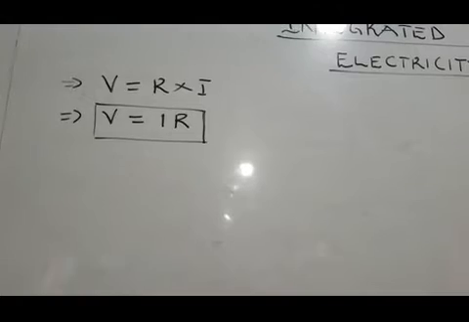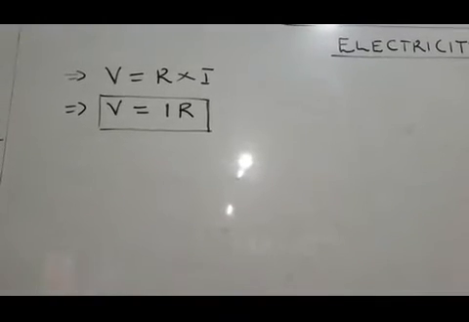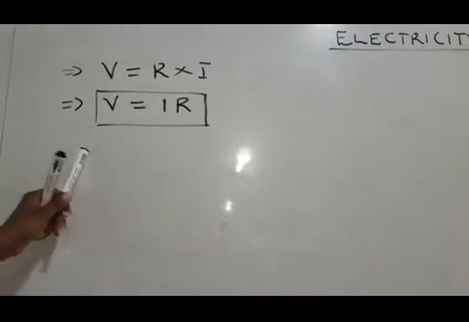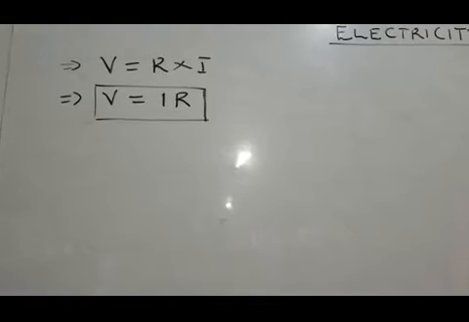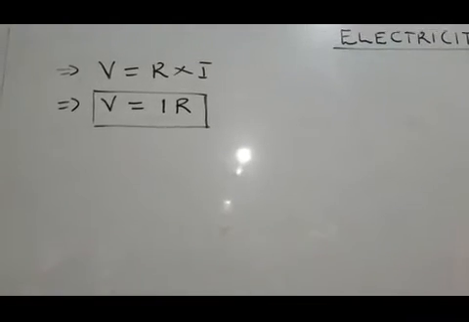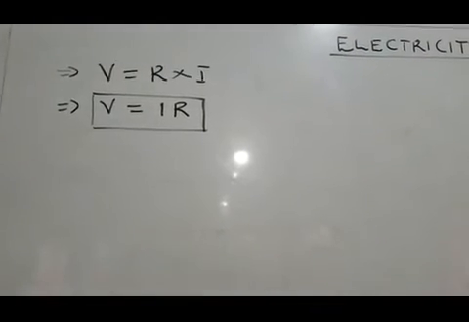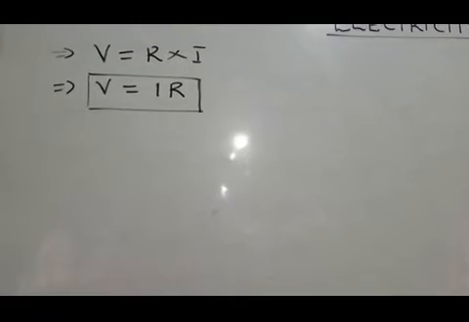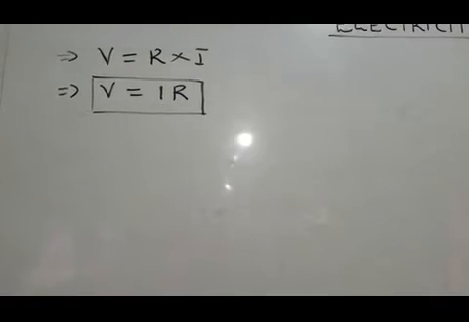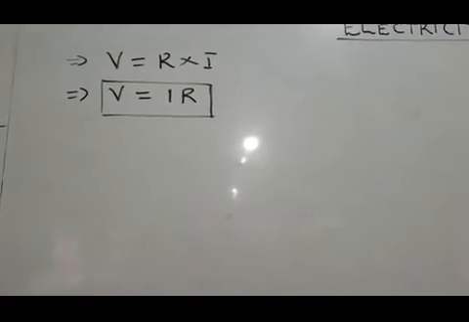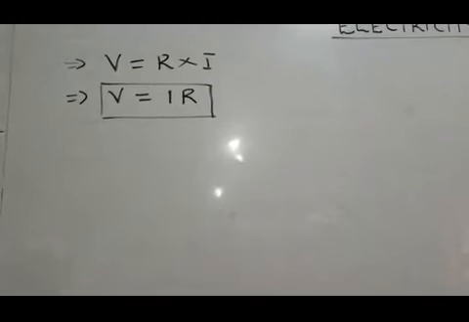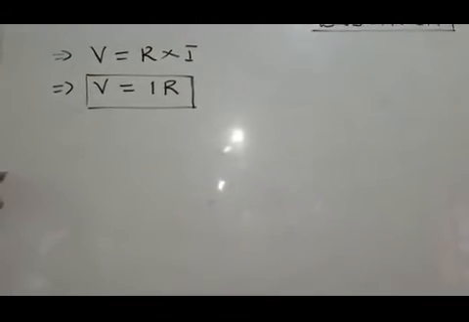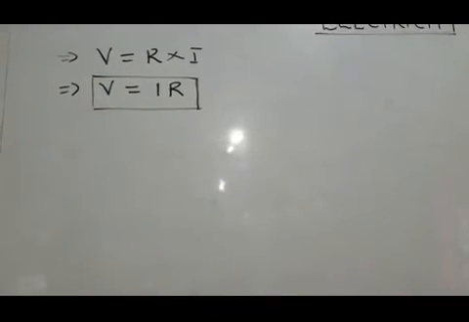So from the definition, the equation from Ohm's law is represented as V equals IR. So if you come across this in an objective question, the Ohm's law can be represented by the equation, the correct answer is V equals IR.